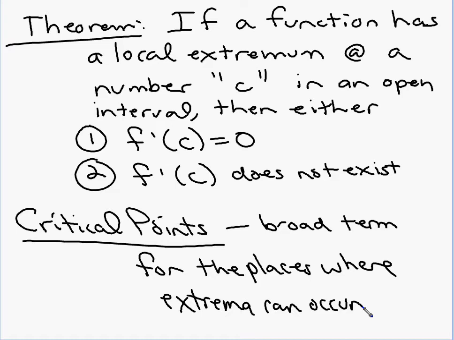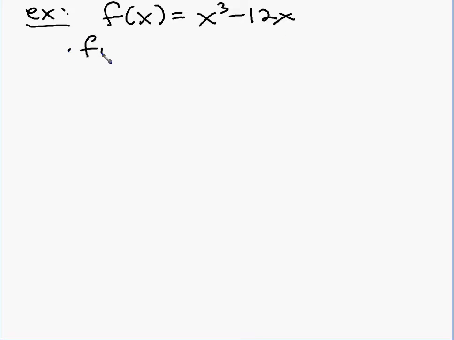So, let's work through an example. Get a feel for how this works. Let's say that I have f of x equals x cubed minus 12x. And you are asked to find the maxes and mins. There could be both. There may just be one.